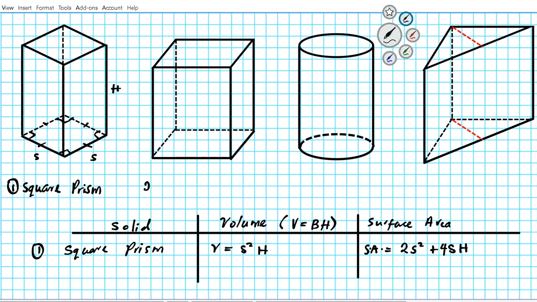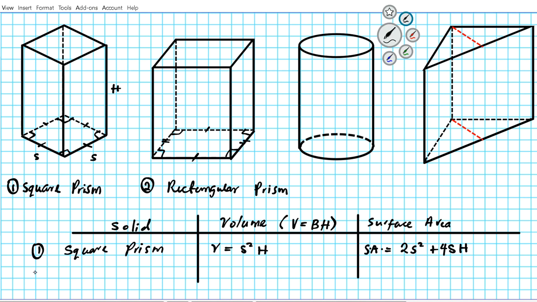So let's take a look at figure number 2, which is a rectangular prism. So for this one, let's make sure it's a rectangle, equiangular parallelogram. This side is congruent to that side, and this side is congruent to that side.